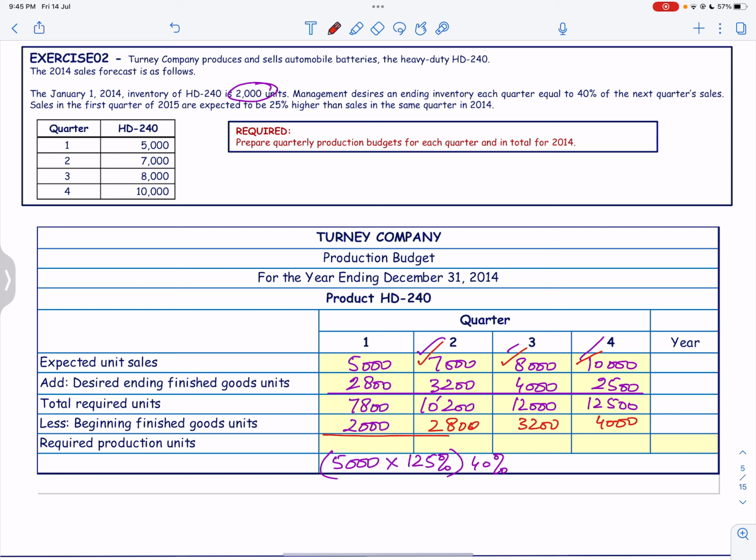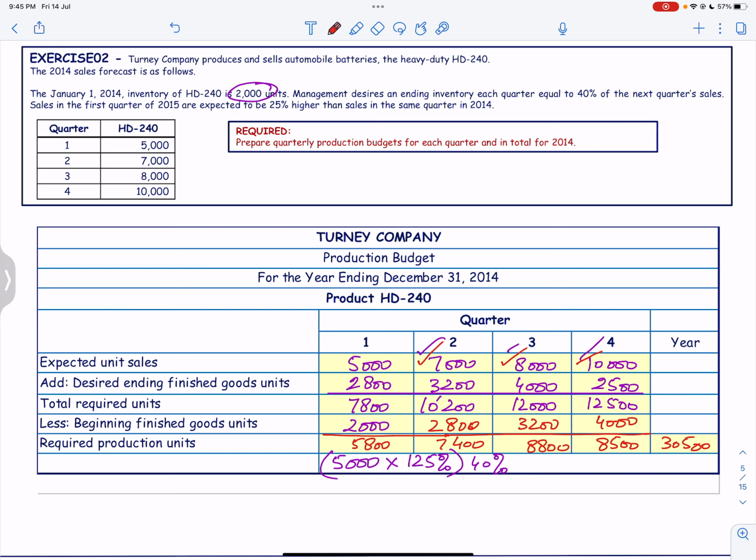So we will be subtracting these values. This is the beginning finished goods. So this will be 5,800, 7,400, 8,800 and 8,500. So the total is 30,500.